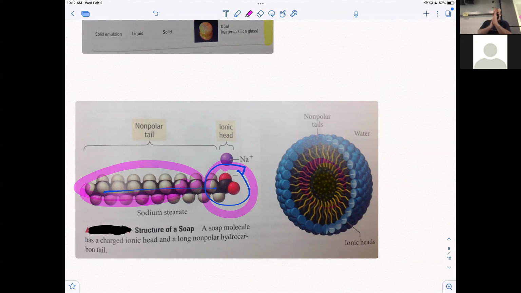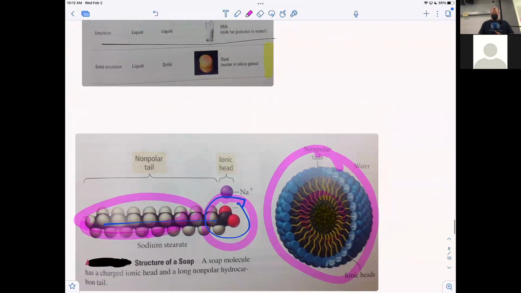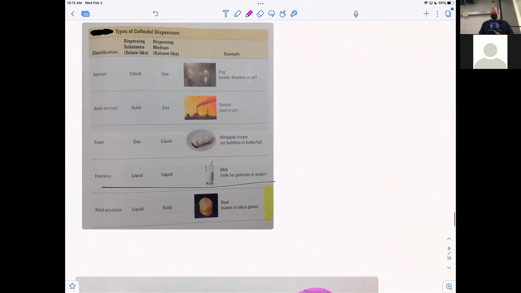Rubbing your hands together mechanically forms the micelles. The micelles are structures with the ionic heads on the outside and the nonpolar tails around the oil droplet, and then the whole thing washes away. So that's how you can have two different immiscible liquids and form an emulsion.